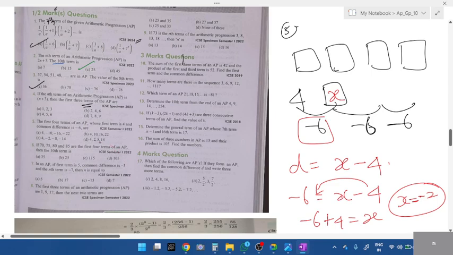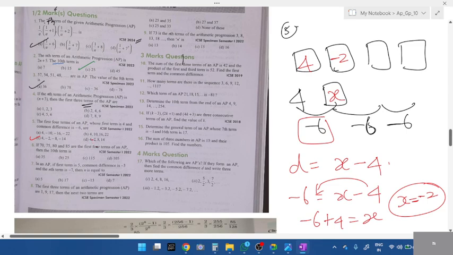Fifth question. First term is 4. Second term is what? Minus 2. Which option? Option C. Okay, now imagine if they had given even D, students. D also has 2, right? But it has plus 2.